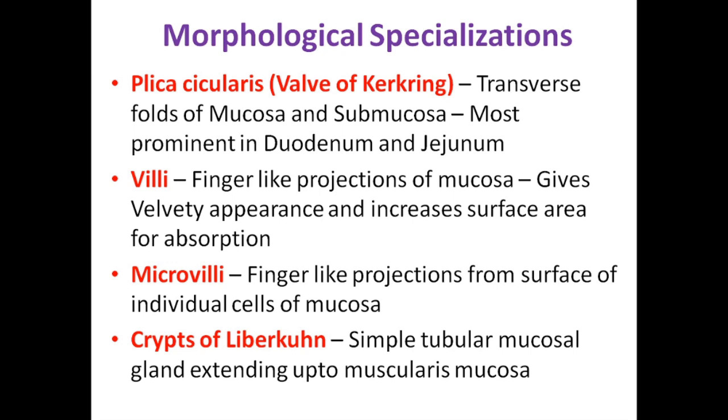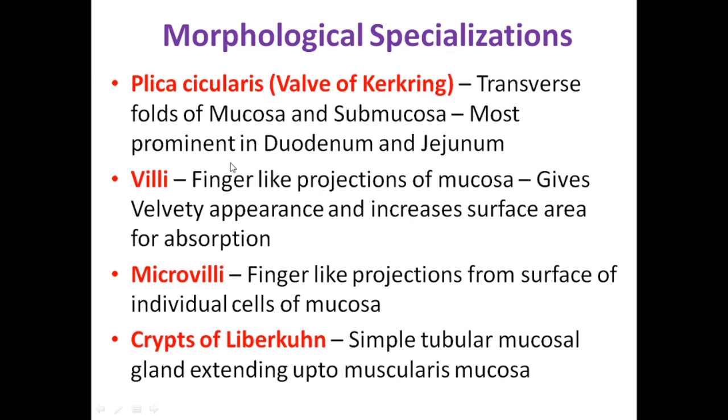Now within each villus, the individual cells have finger-like projections from their surface. So on the individual cells of the mucosa over the villi there will be presence of microvilli, that is, the finger-like projections present on the individual cells.